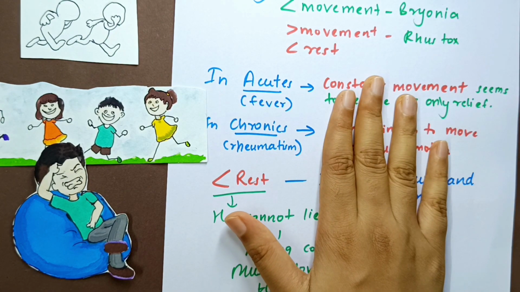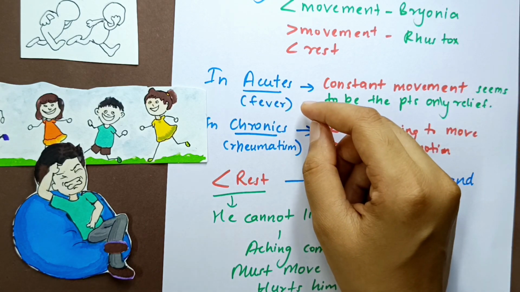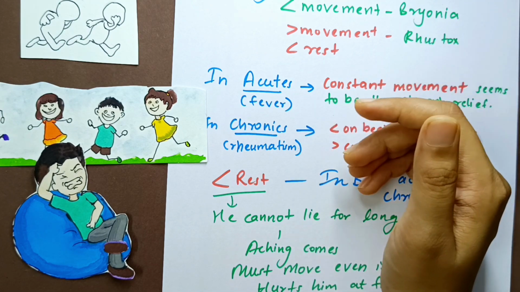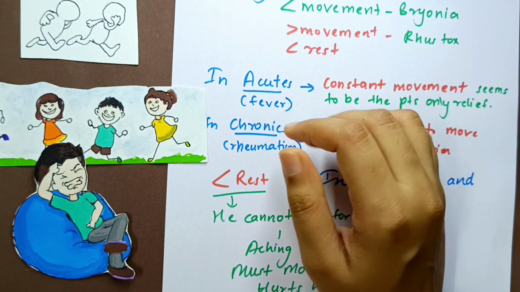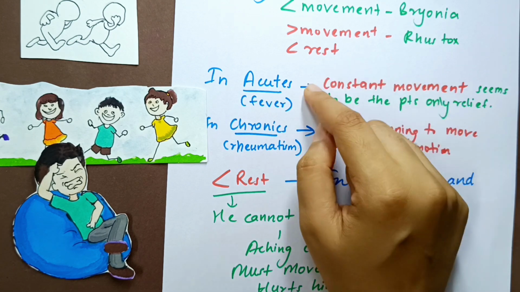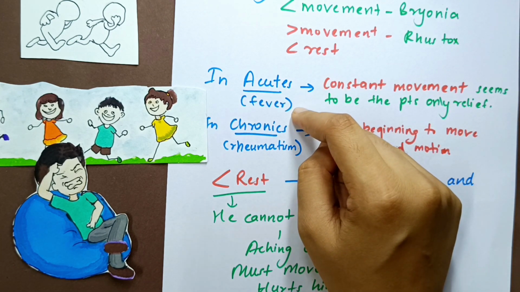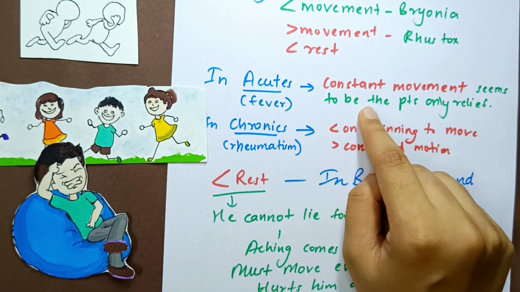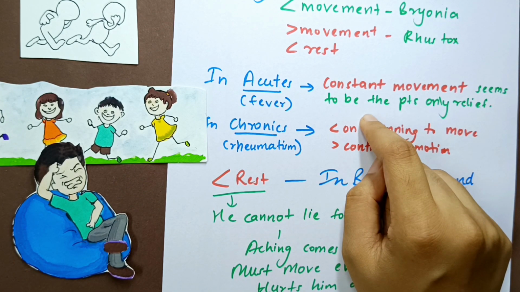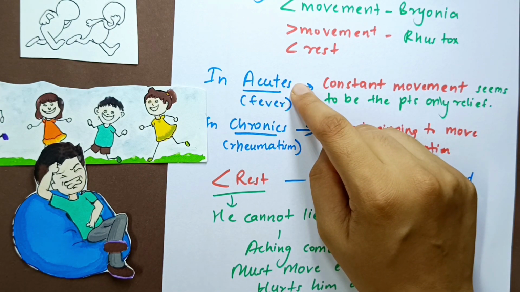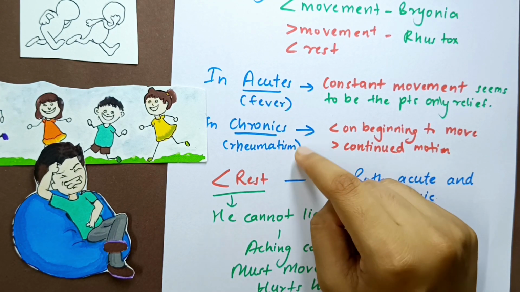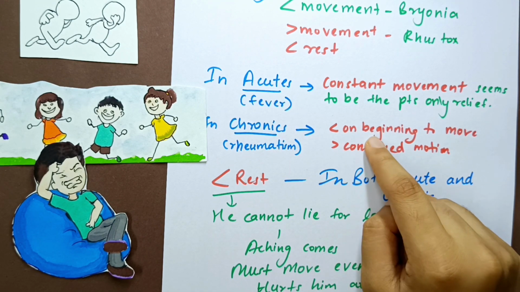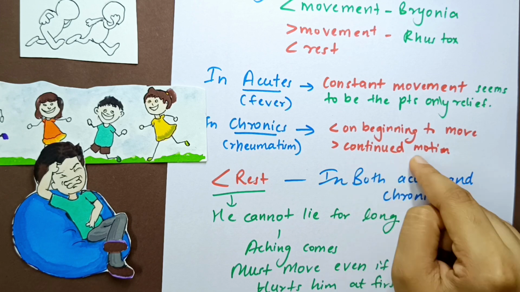So for Rhus Tox, if they come up with any acute condition, like cold and cough, or maybe nausea, vomiting, food poisoning, or anything of that sort, and they present with fever, there may not be fever also, but constant movement seems to be the patient's only relief in those conditions. Whereas in chronic complaints, like for example rheumatism, joint pain, there is aggravation on beginning to move and amelioration on continued motion.